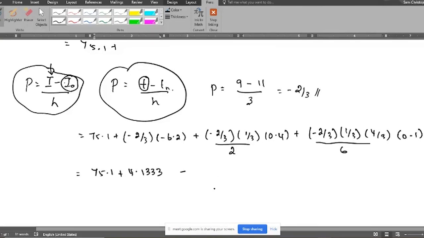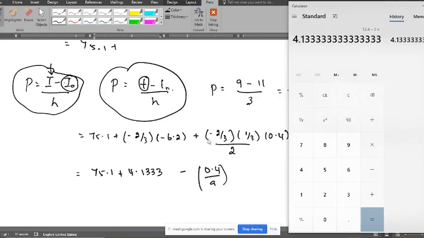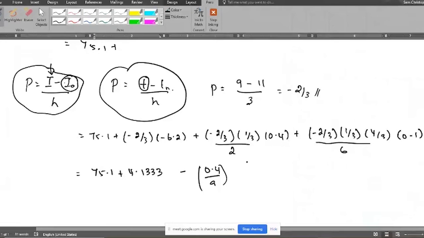So 0.4 by 9, 0.4 divided by 9, which is 0.024.